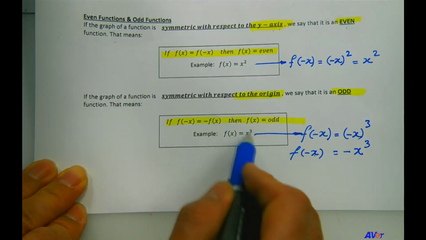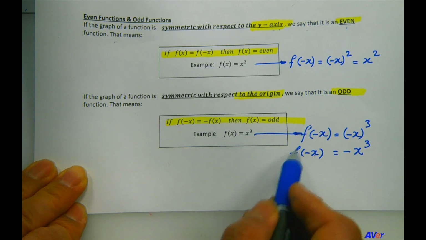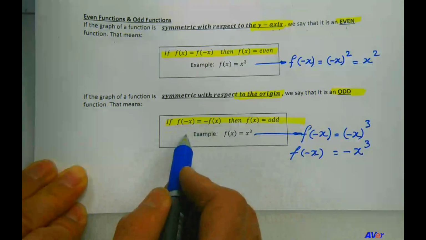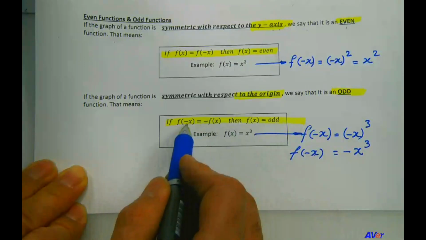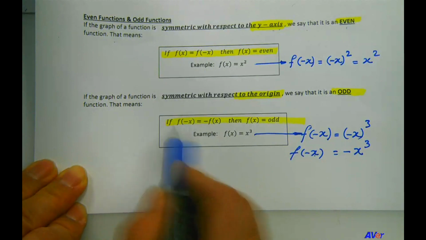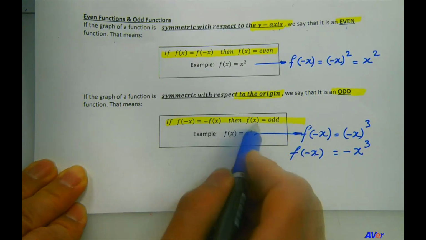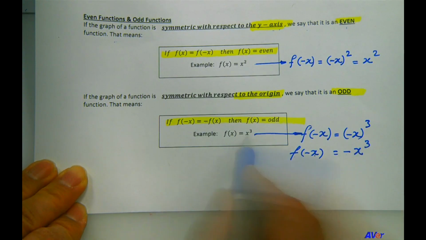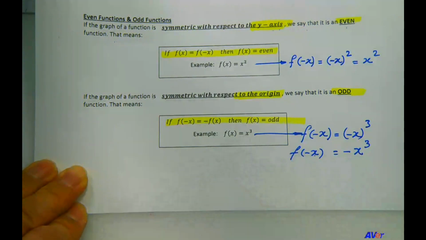If you multiply this by minus 1, you get the function at negative x. And that's what it's saying. For odd functions, if you evaluate the function at negative x, you get minus 1 times the original function, which is minus x cubed. Compare that with x cubed, right?